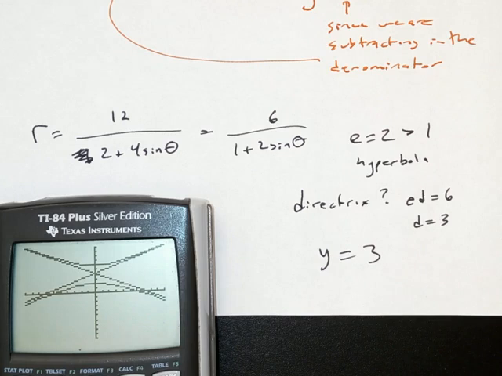If I want those asymptotes, if I want the equations for those asymptotes, I need their slope. The only way I have to get the slope of the asymptotes is to get A and B from the Cartesian equation.